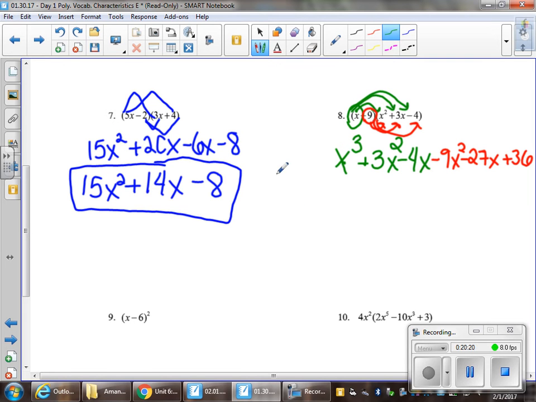Okay, so now we have to put it in standard form. How am I going to write it? What do you want to combine?